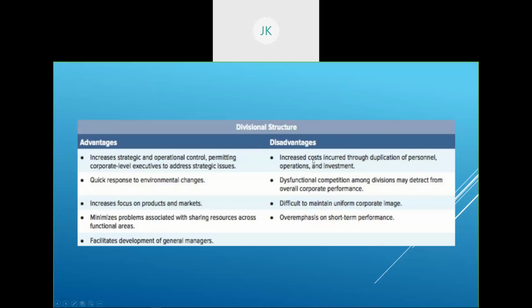One more, increased cost, because each division has its own functional areas. So from the point of view of the headquarters, the main company, maybe duplication of personnel, operations, and investments. Sometimes redundant. That can be a cause of increase in cost.